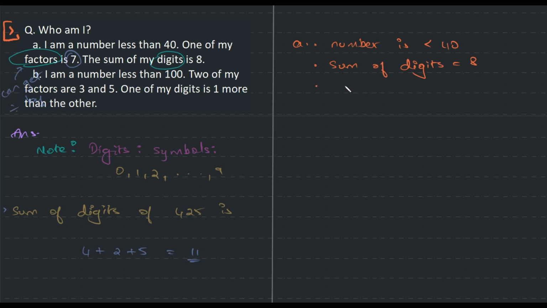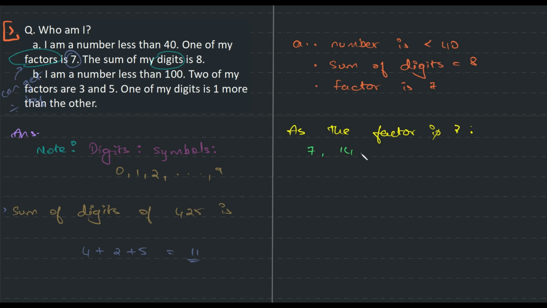And what else? Factor is 7. Since the factor is 7, what can we do? We'll write the 7 table, that's all.